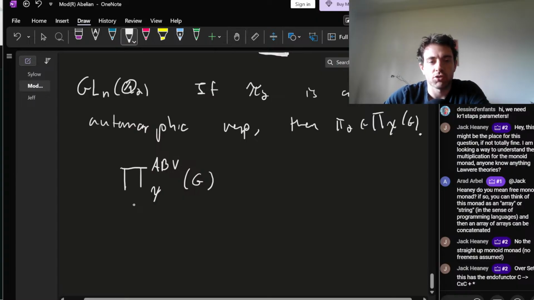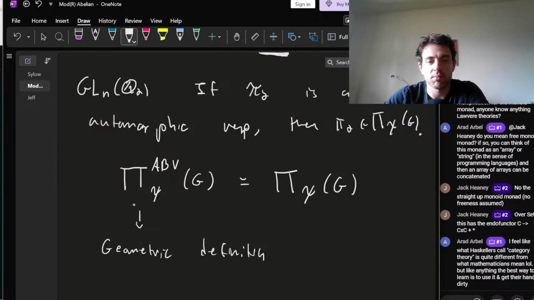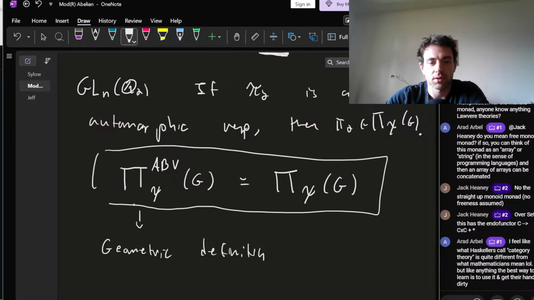And so the point is, this packet here has an entirely geometric definition. So I'll talk about what that is in a second. But then conjecturally, this should be the same as an Arthur packet. This should be the same thing as an Arthur packet.